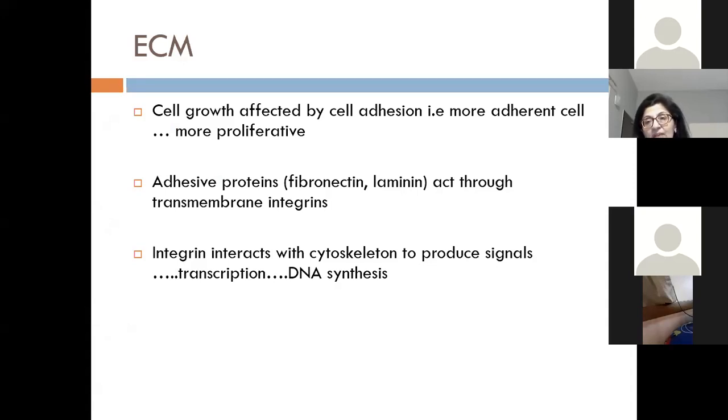In the interstitial matrix, they are not soluble, so they anchor on these fibers, these adhesive glycoproteins, and then go to the other cell and enter the other cell through the transmembrane integrins. And these integrins then interact with the cell cytoskeleton and go to the nucleus to produce transcription and DNA synthesis.